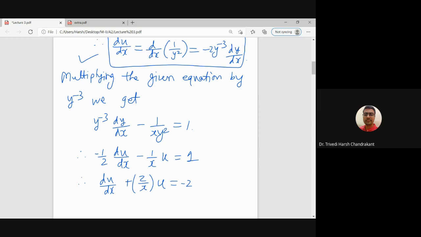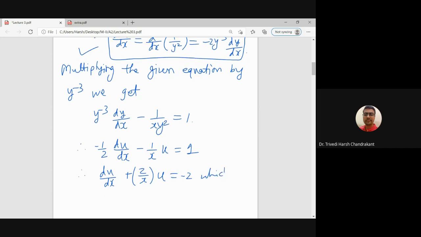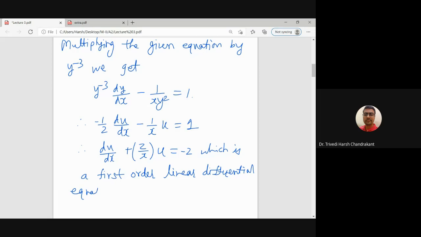So this new equation is a linear equation in u and x, right? It is a first order linear differential equation, and we know how to solve a linear differential equation.